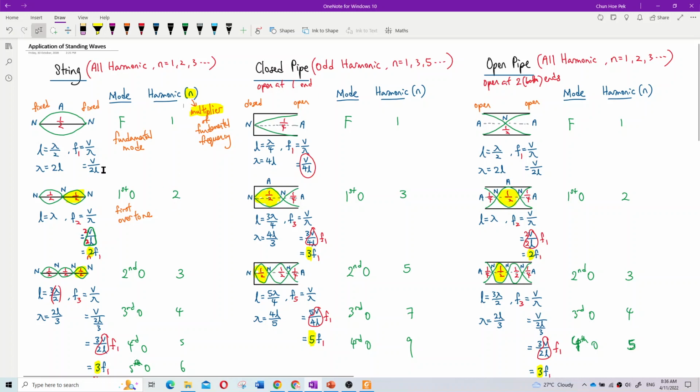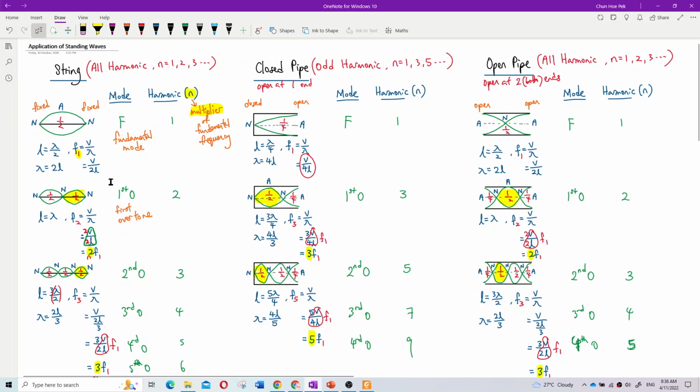Understand? So like you see, why do I put this as F1 instead of F0 or what? Class, you tell me why I put as F1? Because 1 is the harmonic number. Understand?